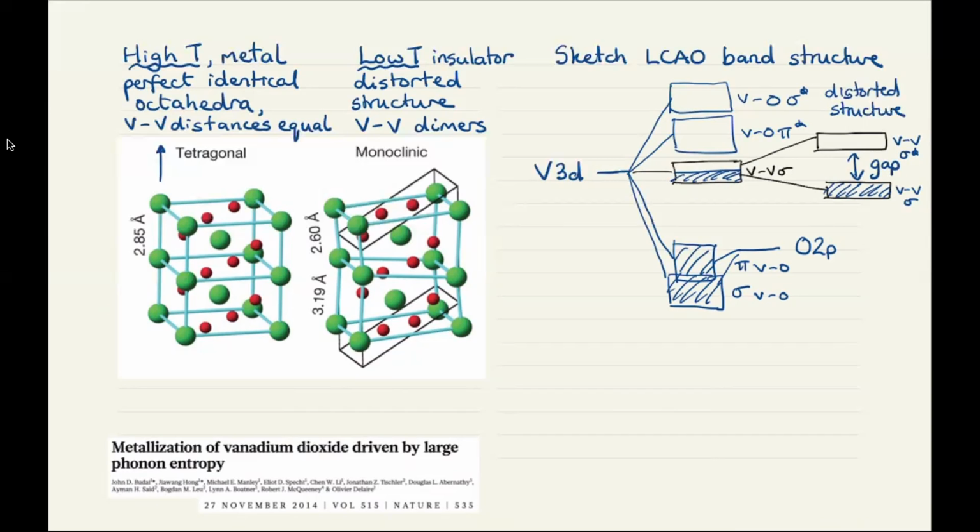And so just in this very simple hand-waving linear combination of atomic orbitals band diagram, we see that the structural distortion, which is an alternation of the vanadium-vanadium bond lengths, just like a Peierls distortion, can open a band gap.